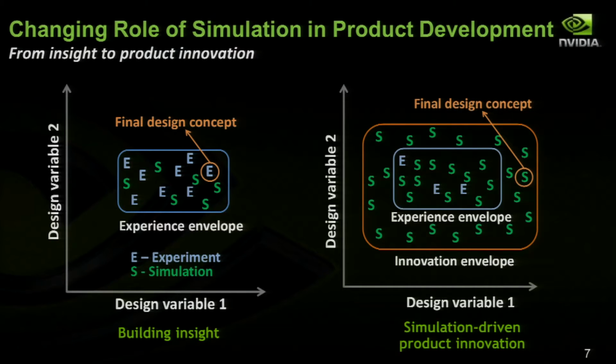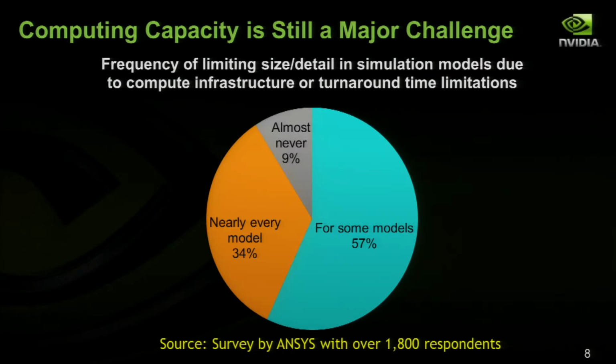These experiments are costly, and sometimes you cannot actually conduct them. So this is a way of doing product innovation just through simulations, which is well known in the simulation community as simulation-driven product innovation. But to achieve this virtual prototyping or simulation-driven product development, you need to do a lot of simulations. But the biggest challenge is computing capacity.